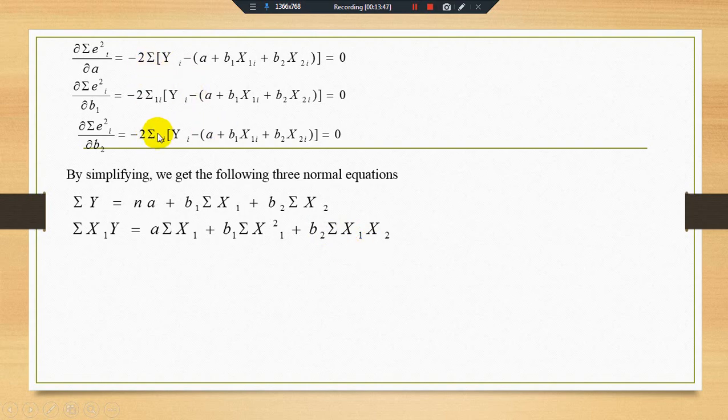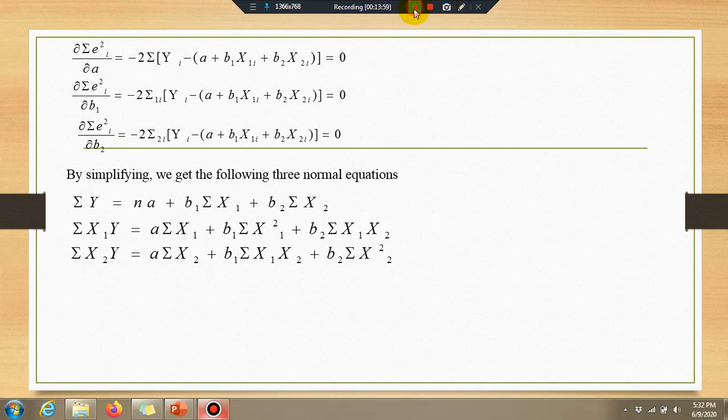And from the partial derivative with respect to b2, our third equation becomes summation x2 y equals a summation x2 plus b1 summation x1 x2 plus b2 summation x2 squared.